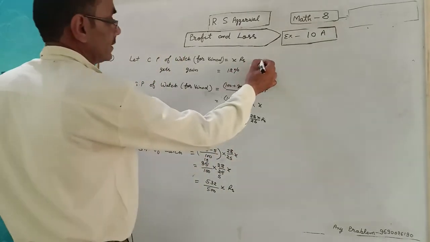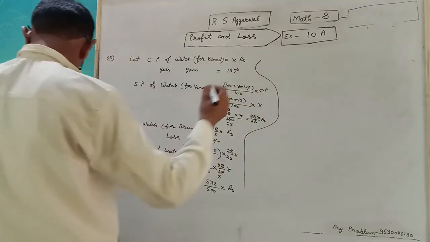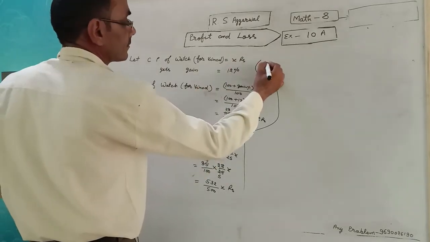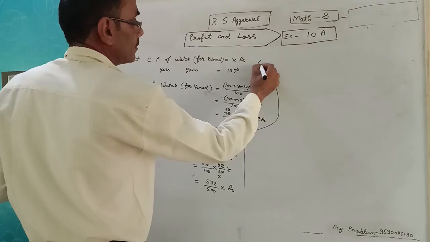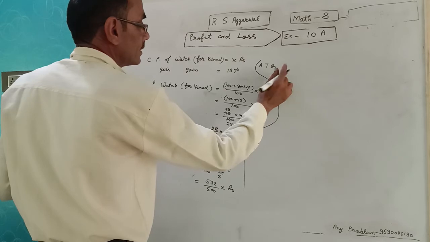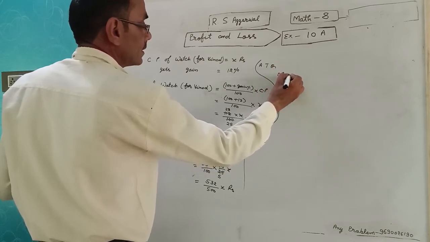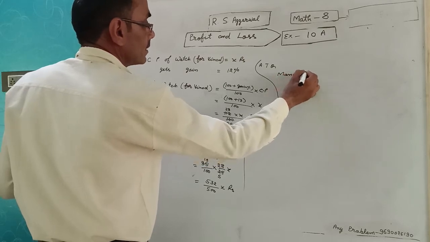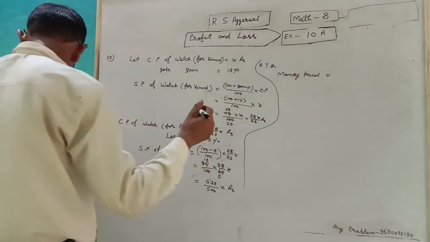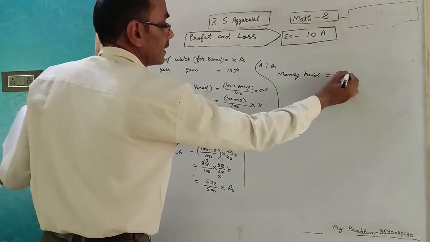According to the question, Manoj paid 3,990 rupees. That is, 532X upon 500 is equal to 3,990.